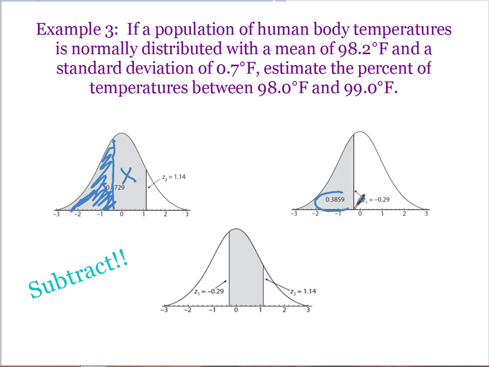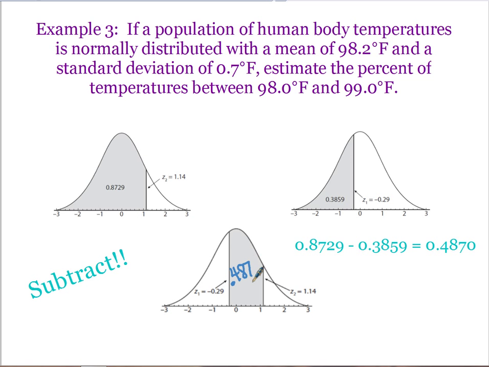The probability for the negative 0.29 is exactly the probability I need to remove. So I'm going to subtract the two probabilities to find the probability in between. 0.8729 minus 0.3859 leaves me with 0.4870. That's the probability of the shaded area I was asked to find. 48.7% of my data is in that gray shaded area.